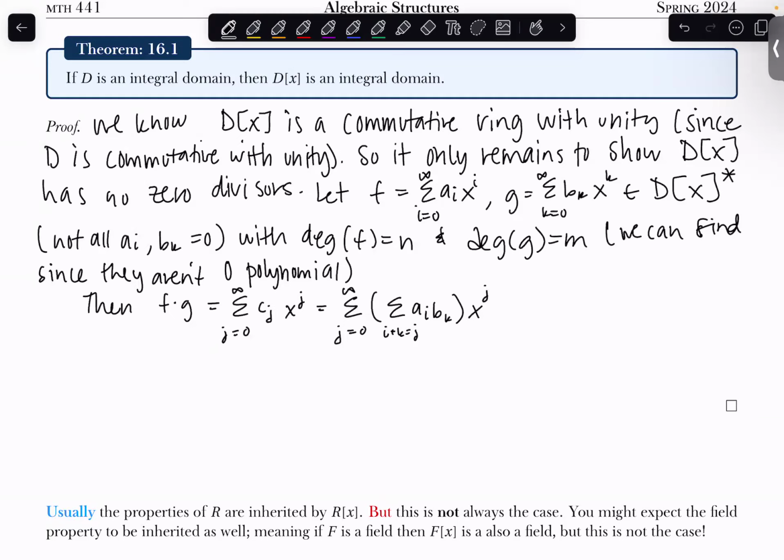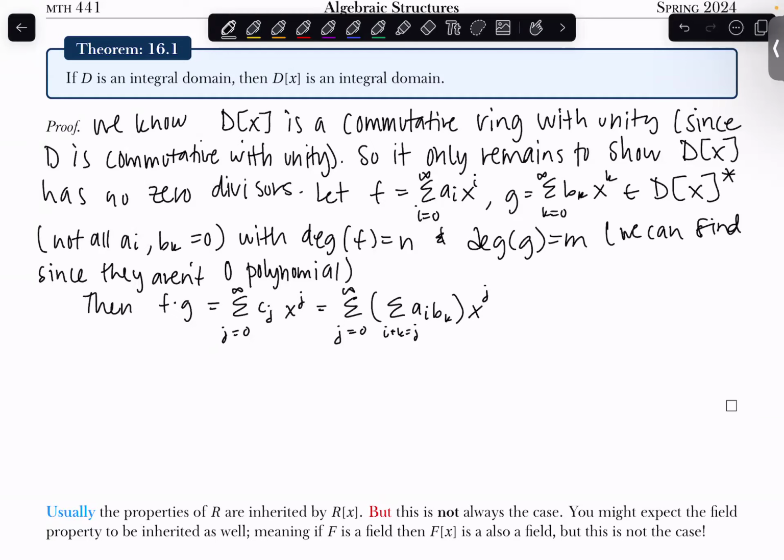Okay, so my goal is going to be to study what this is here. And really the way that we're going to show it's not the zero polynomial is by showing that it has some degree. So I'm going to have some largest coefficient, some largest power showing up here. And that's really the part that I want to study.